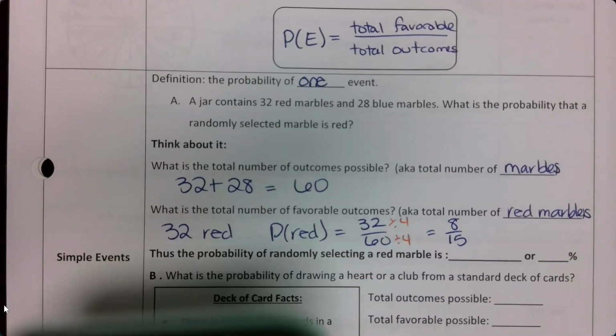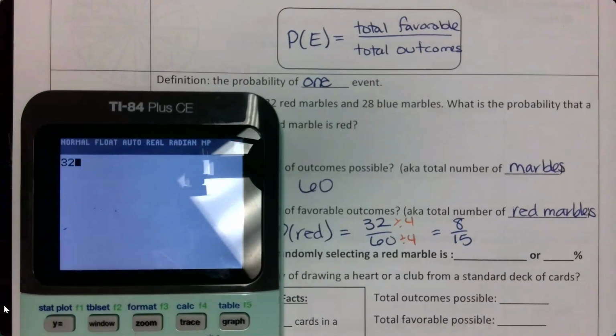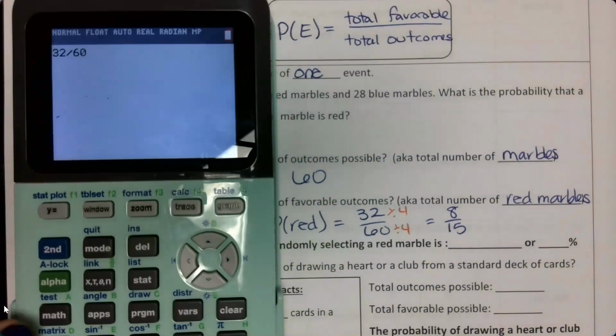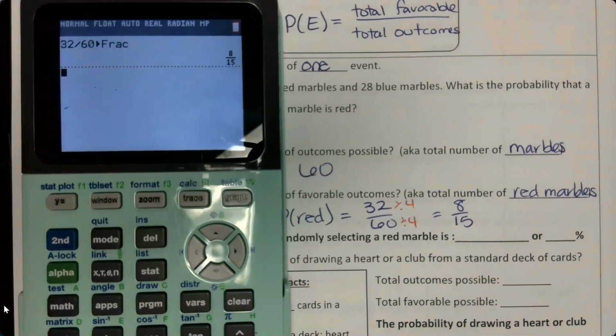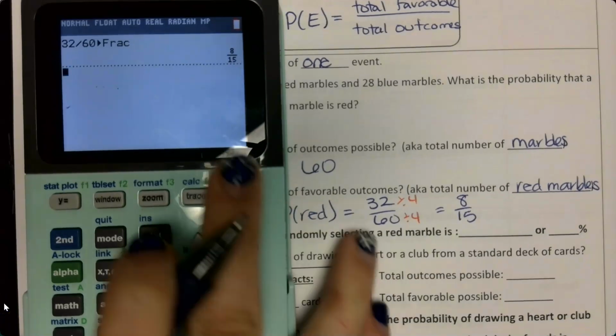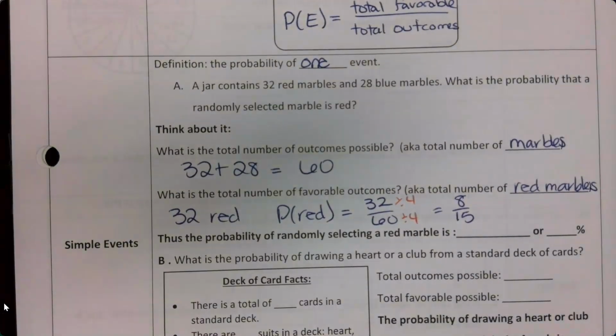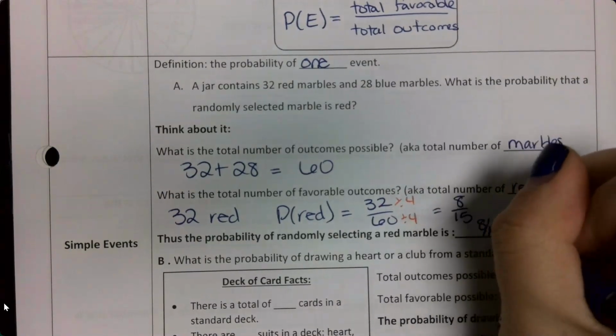Or I could have done this on my calculator. Remember, I can go 32 divided by 60. And if I press the math button and then enter, and enter again, it'll simplify that fraction for me. So, the probability of randomly selecting a red marble is 8 out of 15.